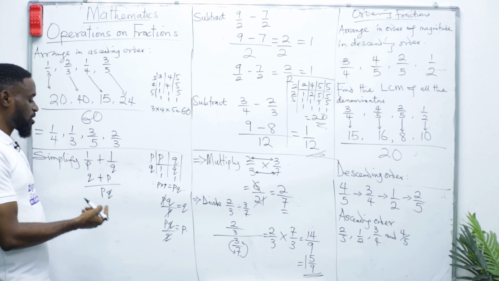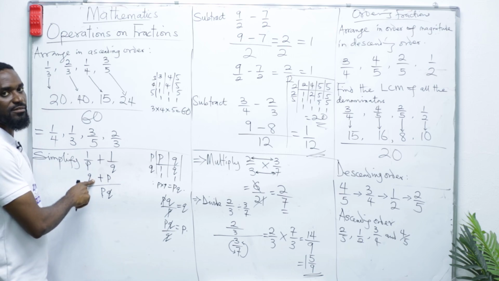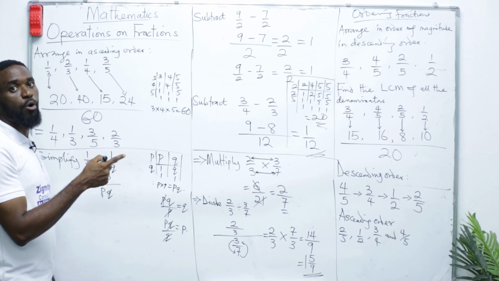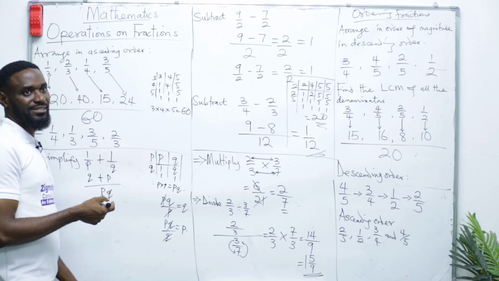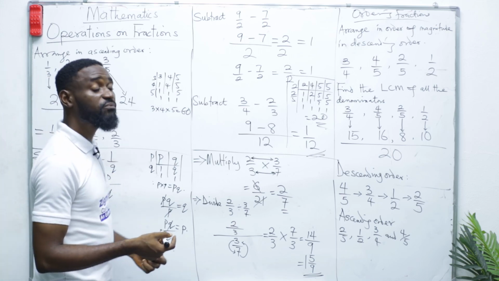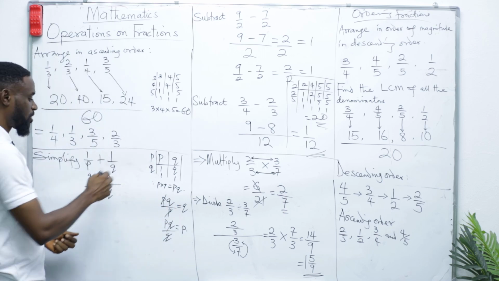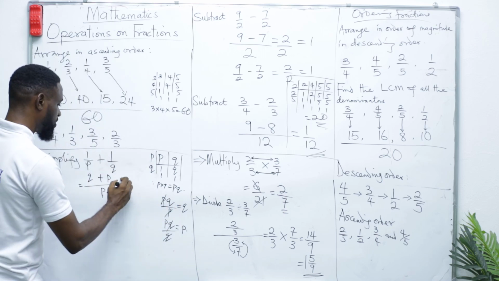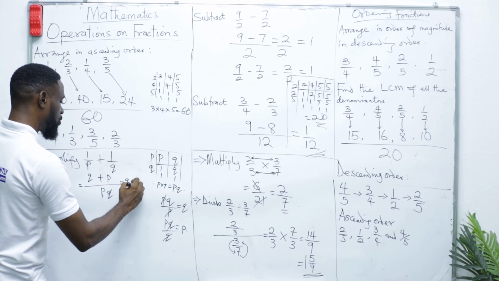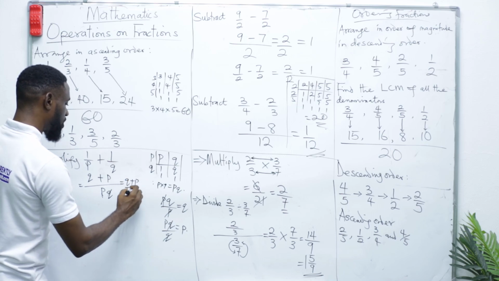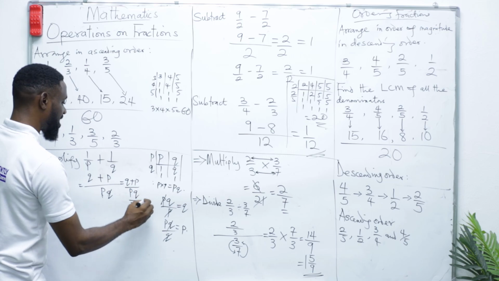But at this point, you cannot add letters. You cannot add unknown variables because you don't know the particular value of the numbers they are. So it is equal to Q plus P all over PQ as the answer.